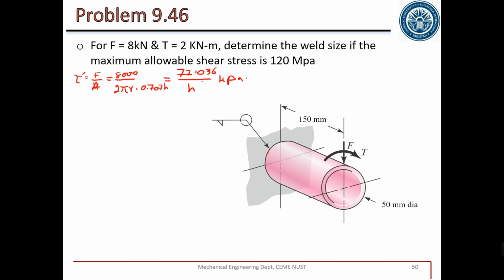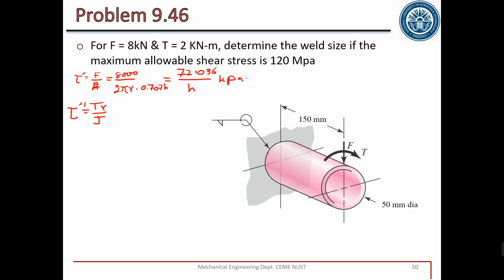The second part is to calculate secondary shear. For secondary shear, first of all we need to check which category it belongs to. This is a circular weld, so it is the last figure in table 9-1, circular. Getting data from there, the magnitude of secondary shear tau double prime is equal to TR by J, because this is torque and we have the value of torque.